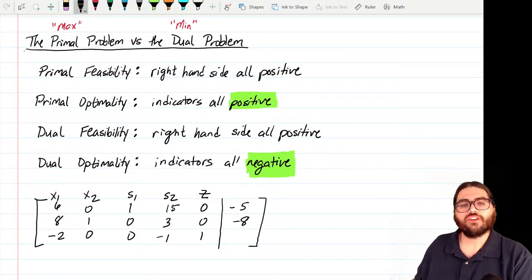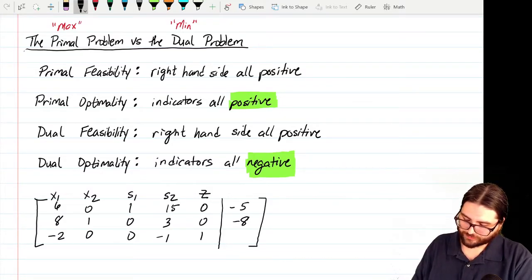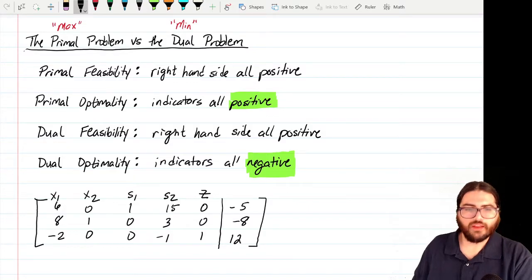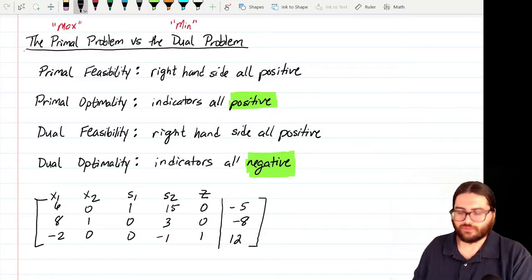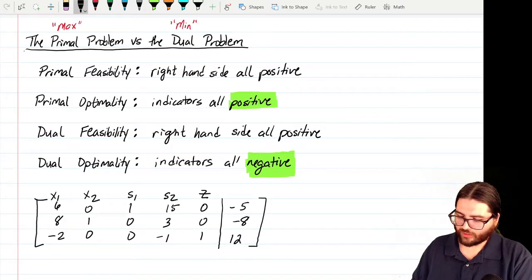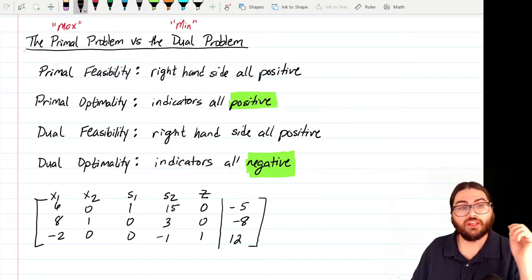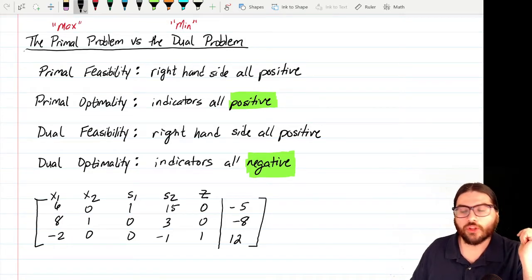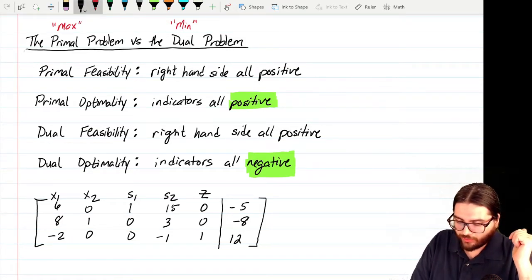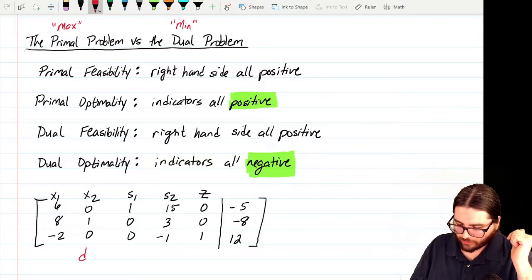And so if I look at this matrix, this matrix is optimal. It's dual optimal, for example, because all the indicators are negative in the bottom row. So this matrix is dual optimal, but not feasible.